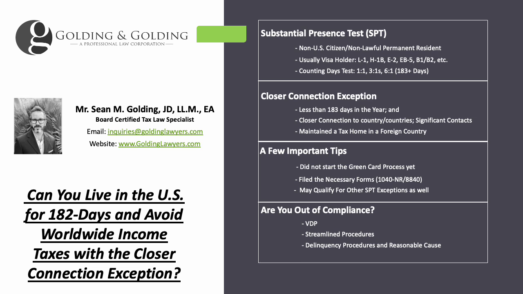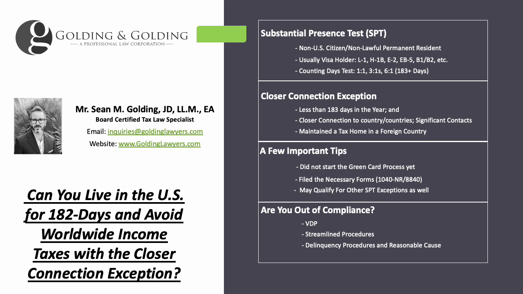It's right directly in the Form 8840 instructions. The Form 8840 is what you use to file a closer connection exception. You file that with your 1040-NR. But if you already started the process, then it doesn't qualify. And they list out the different forms. You can normally find it in the instructions. If not, there's various publications that explain what forms, if you start submitting those forms to USCIS immigration, then you no longer qualify for the closer connection exception.